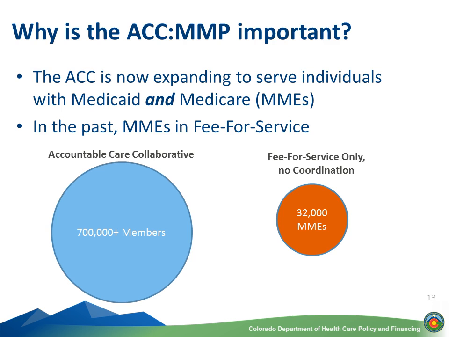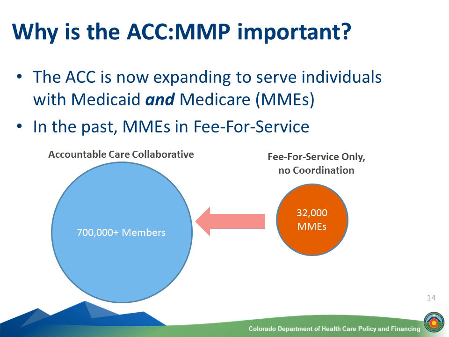So Colorado pursued that funding and received it, and then enrolled clients in this program September 1st. So you'll notice here that circle with the 32,000 Medicare-Medicaid enrollees. Prior to this program, they were just existing in what I like to call fee-for-service land.